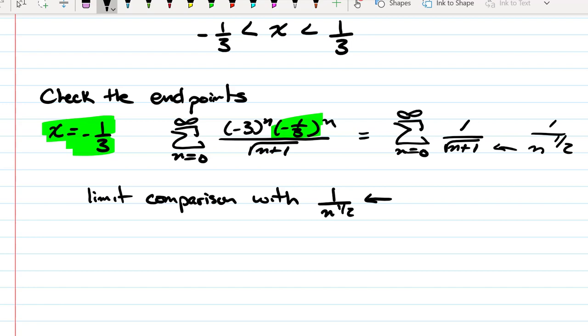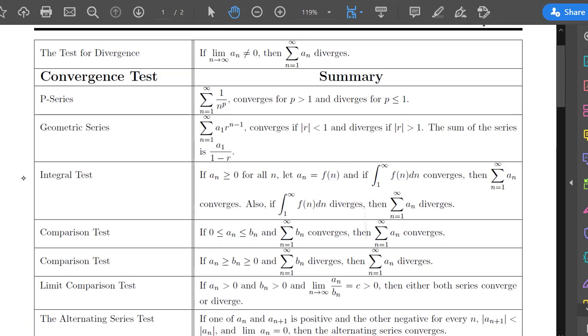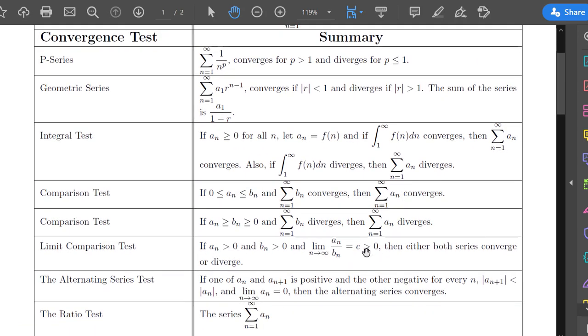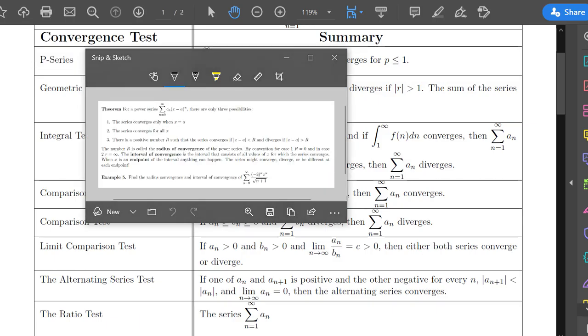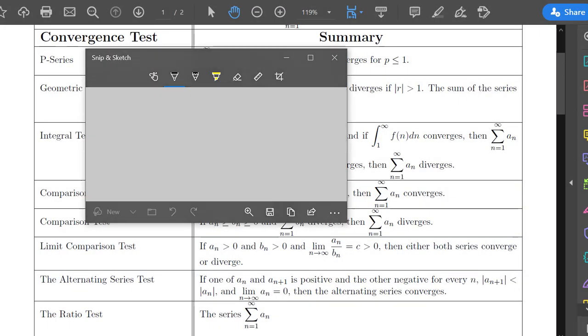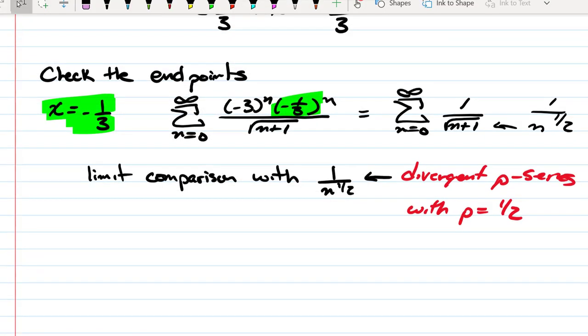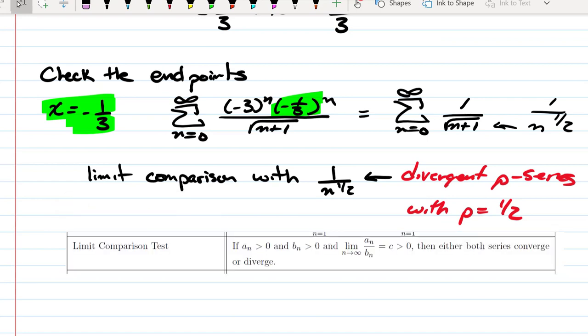And this is a divergent p-series with p equal to 1/2. So if we go to our sheet here, we're doing our limit comparison test, which is this guy. It says if the a_n's and the b_n's are both greater than 0, and the limit as n goes to infinity of a_n over b_n equals c, then either both series converge or both series diverge.